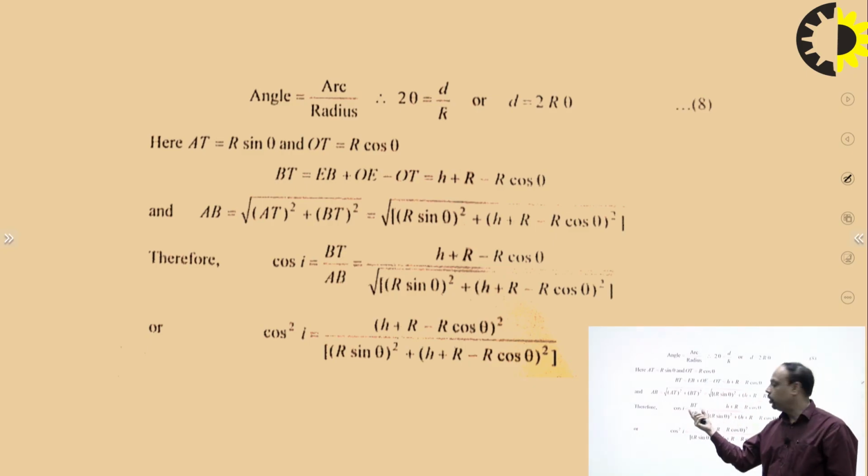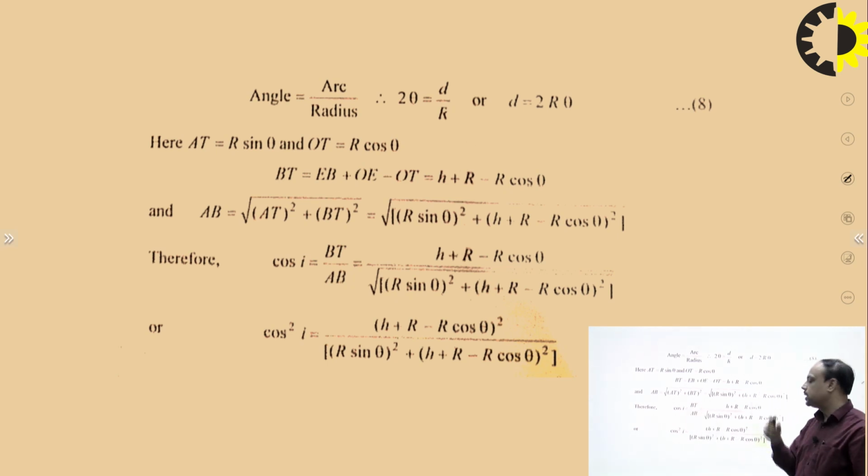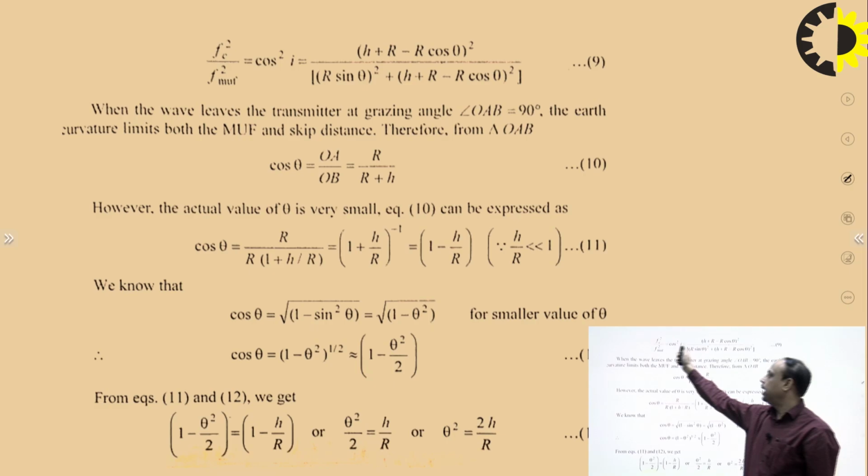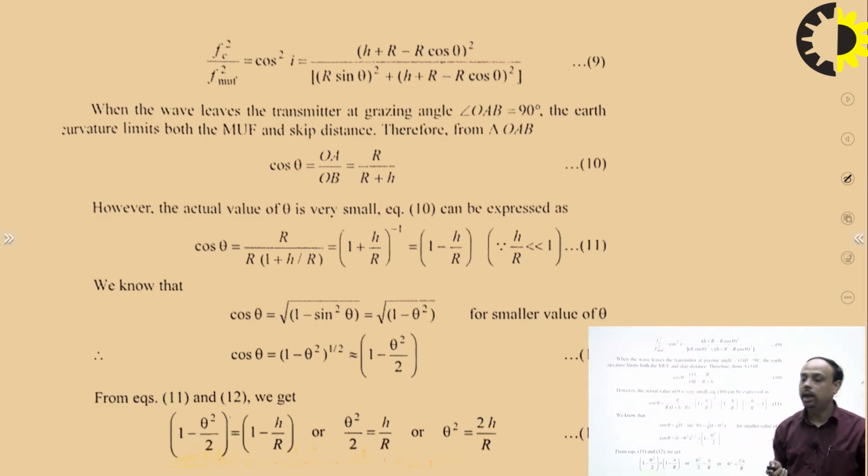Again, if we calculate cos of I is equal to BT by AB, where BT is equal to H plus R minus R cos theta, and AB is under root of R sin square theta plus H plus R minus R cos square theta. If we take the square on both sides, we have cos square I is equal to this, and this cos square I is nothing but fc square over f MUF whole square, and this is equal to this.